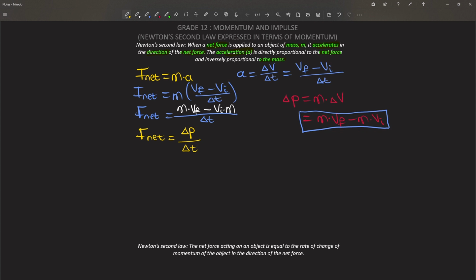This means that net force is directly proportional to change in momentum and inversely proportional to time.